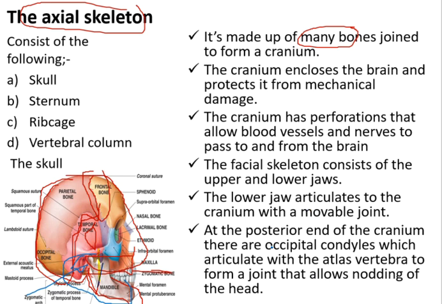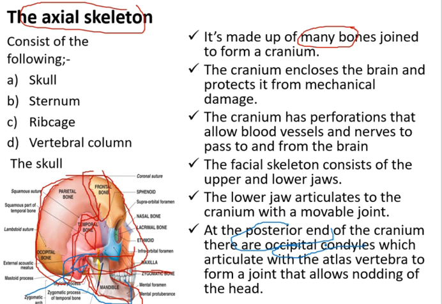Then at the posterior end, which basically means behind or the lower end of the cranium, there are occipital condyles, and the occipital condyles articulate with the atlas vertebra to form a joint that allows nodding of the head.